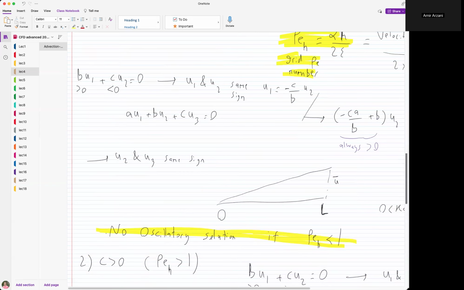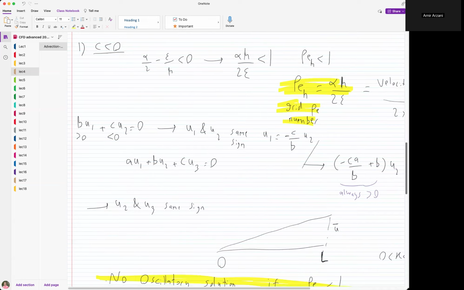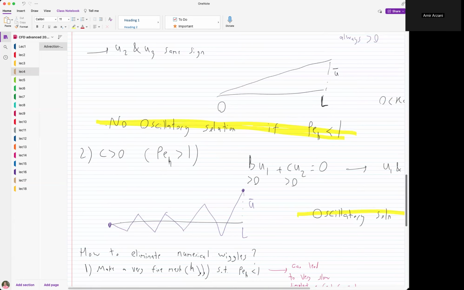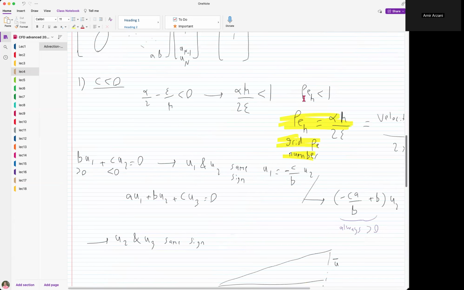Well, from this analysis, you already have the first solution. The first solution is that you choose your grid Peclet number to be less than 1, and then this issue goes away. Now, if you look at the grid Peclet number, alpha, the velocity, and epsilon, the diffusion coefficient, these two you don't control.